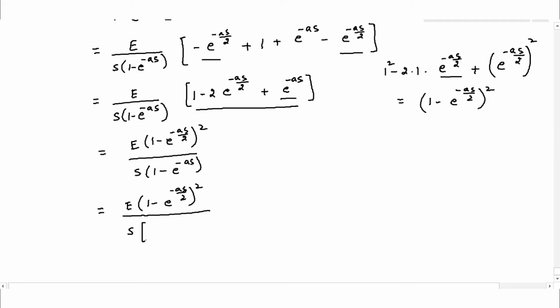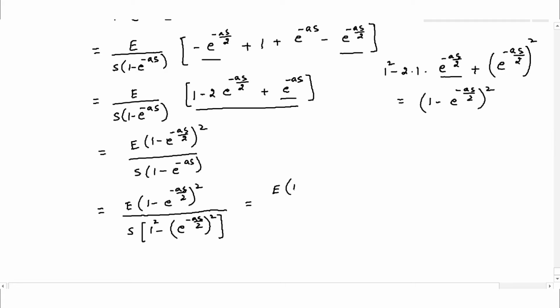So can I rewrite this as 1 minus e power of minus as by 2 whole square, just multiplying and dividing by 2. So is it not in the form of a square minus b square?